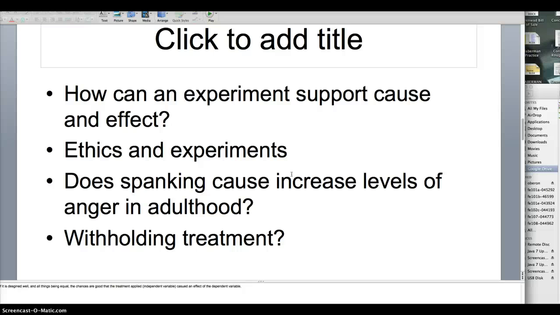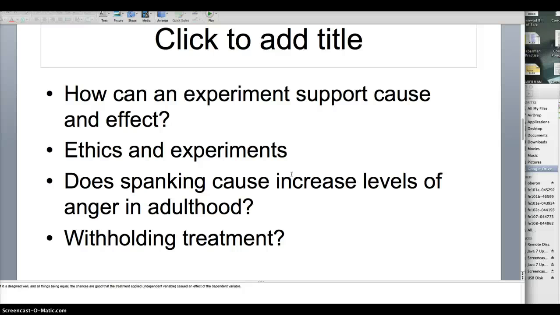If we were trying to determine whether or not a given medicine has an effect on improving heart health, you have to have an experimental group and a control group. All other things being equal, if it is well designed, and the experimental group and control group look a lot alike, they don't know which one's getting the medicine, which one's getting the placebo. The doctors don't either. That way you can narrow down to say this is what appears to be the cause of the change in the dependent variable.